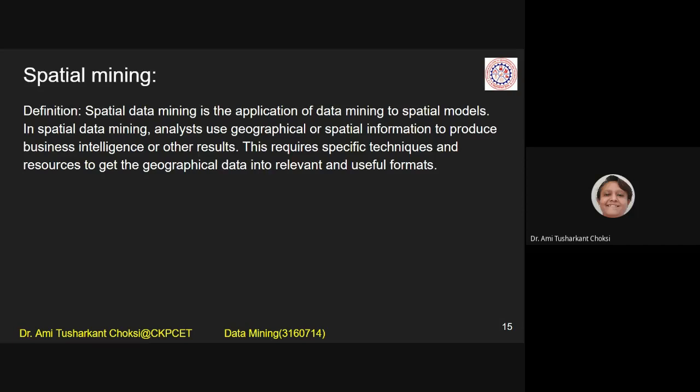So let us see the definition. If you do not know any definition, use your mind. You can always understand at least from the word itself. The title is spatial mining, so it is something related to space. If you do not know more, you can still write this.